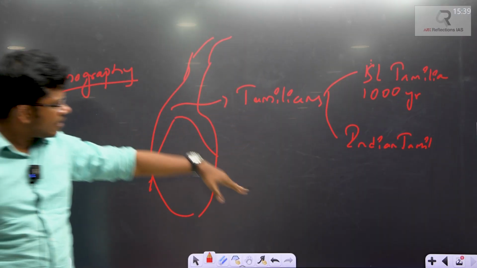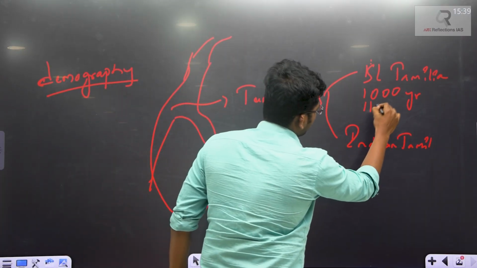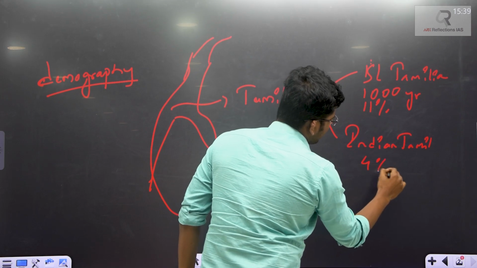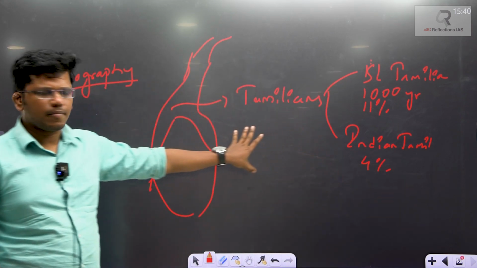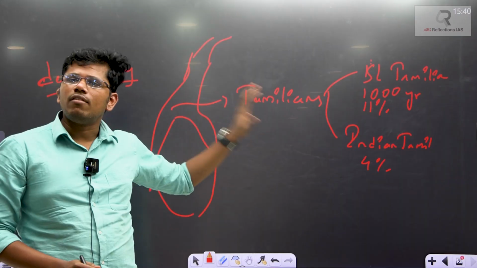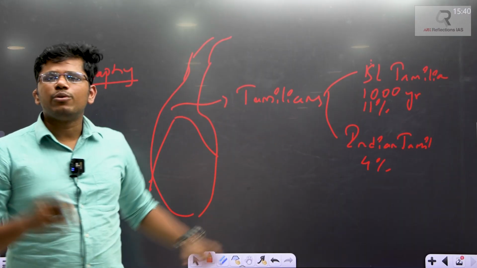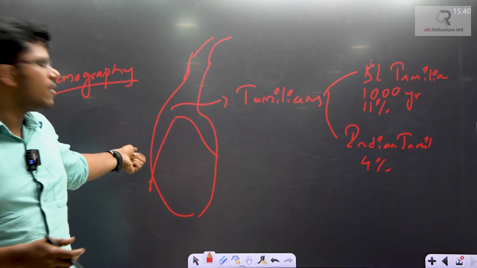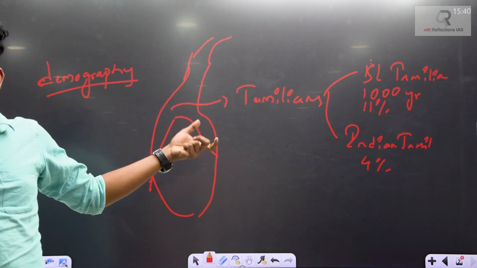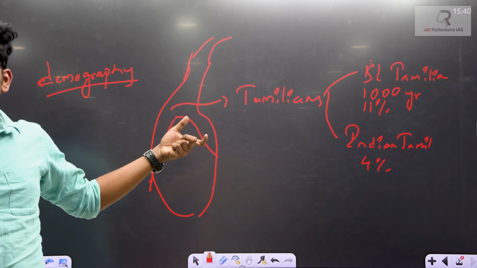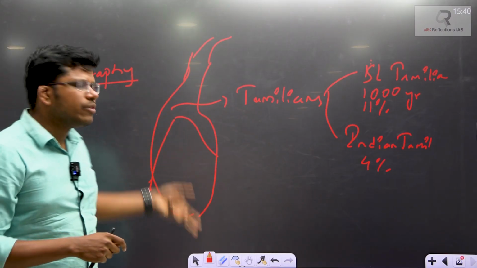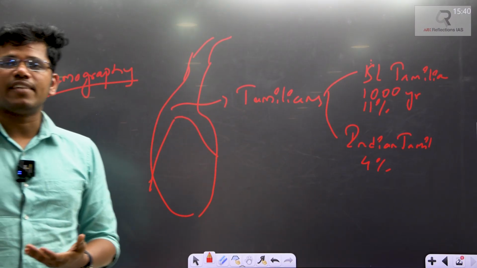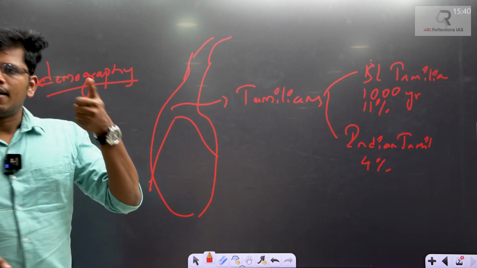These Sri Lankan Tamilians settled 1000 years back, and they are around 11%. These Indian Tamilians are around 4%. They settled during the time of the Britishers, when the Britishers started to colonize. Sri Lanka is famous for which crop? At present, one of its chief exports is tea. The Sri Lankan tea is very famous.